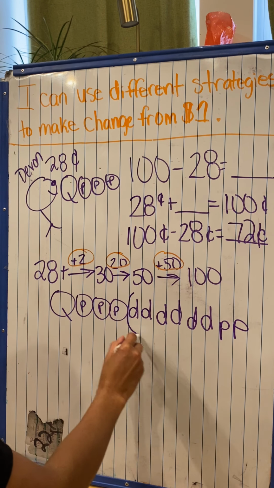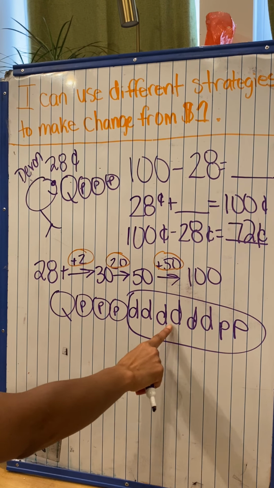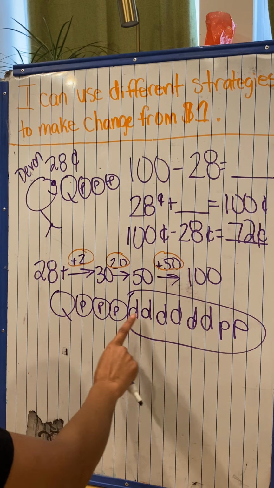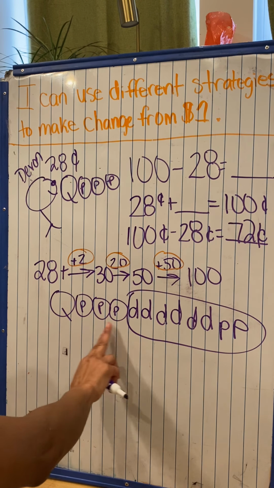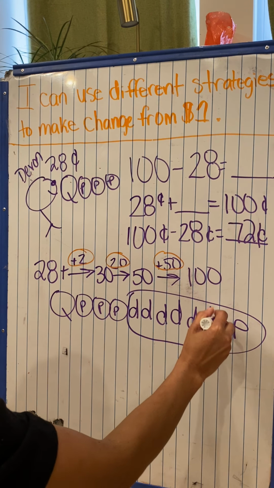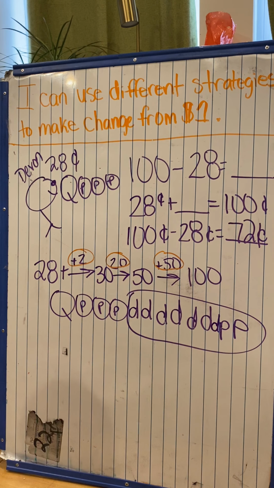So this is the amount that I added on. So now I can check to make sure it's 72. 10, 20, 30, 40, 50, 60. Wait, I made a mistake. So 28, 38, 48, 58, 68, 78, 88. I forgot one dime. 98. So 10, 20, 30, 40, 50, 60, 70, 71, 72 cents.